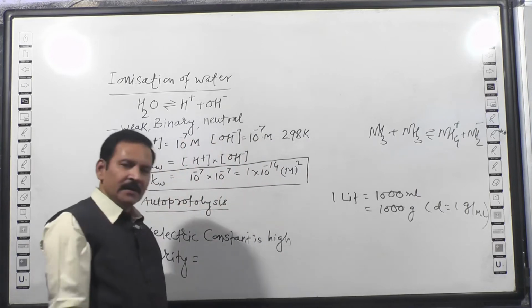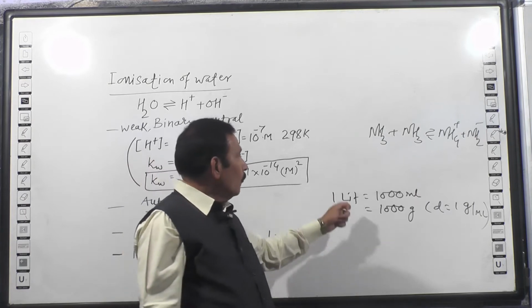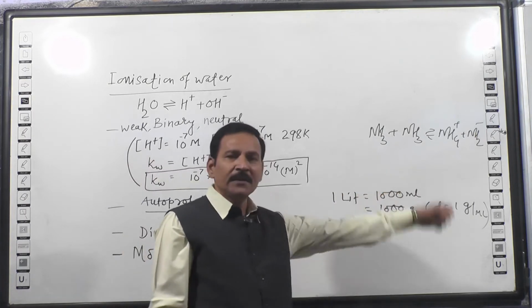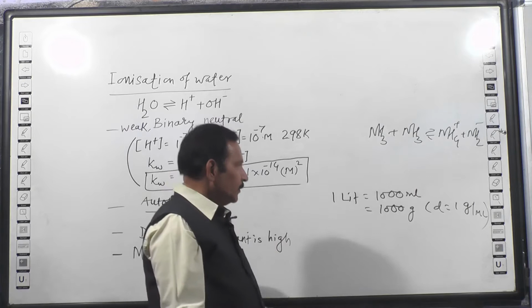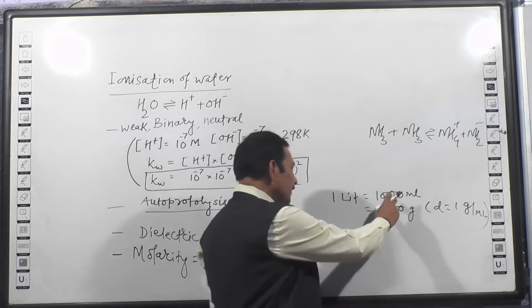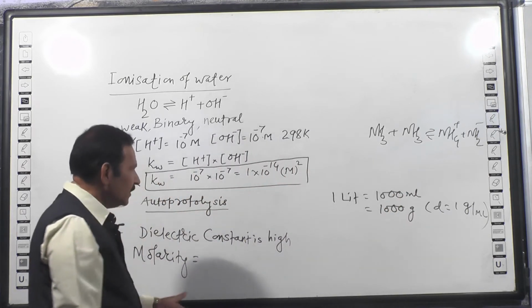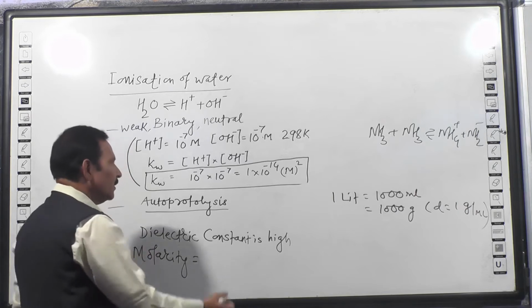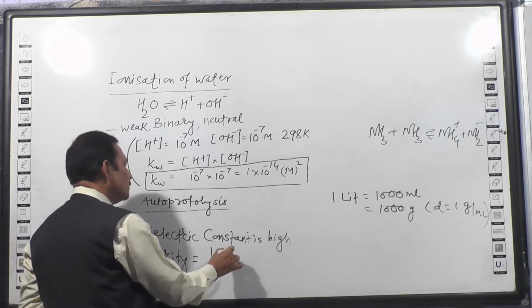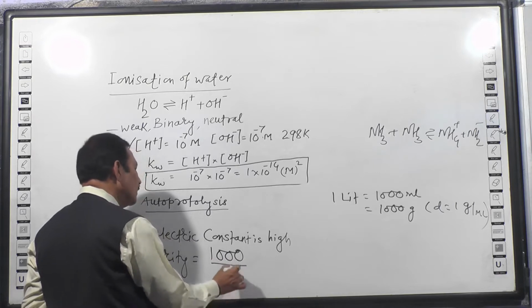If water is taken as a solvent, consider 1 liter of water, which means 1000 ml of water. The density of water being 1 gram per ml, 1000 ml can be considered as 1000 gram, and molarity is nothing but mass of the solvent divided by molar mass of the solvent. So 1000 divided by 18, the molar mass of water.